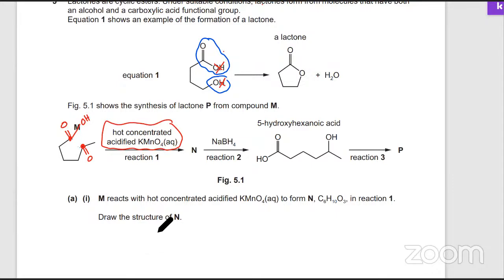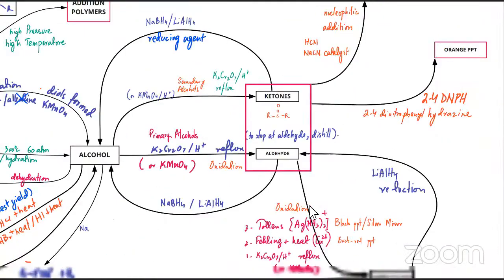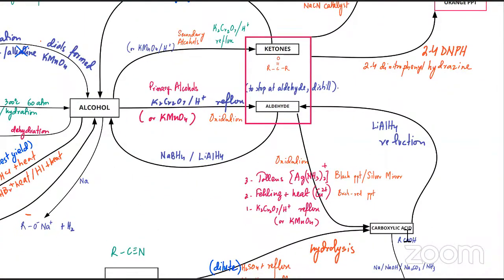अच्छा, so that's N. Draw the structure of N. So that's this. Then what happens is that he uses NaBH4. What does NaBH4 do? रिड्यूसेस। किसको, carboxylic acid or ketone? नहीं सर, कीटोन को करेगा। ठीक है, remember कि carboxylic acids also get reduced, but they get reduced by LiAlH4, not with NaBH4.